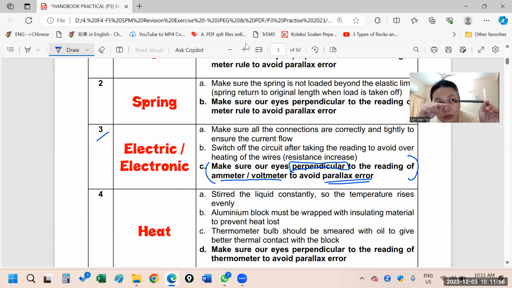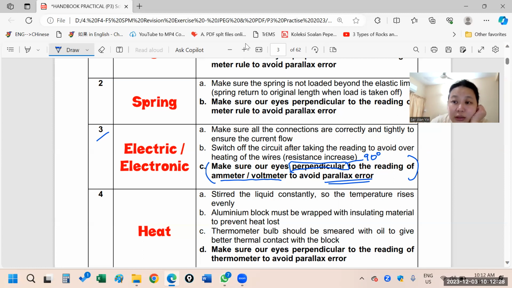Because the light goes in a straight line, so here is 90 degrees. To avoid parallax error means you take wrong reading because your eye position is not perpendicular. So you can just memorize this one. Every experiment can apply.